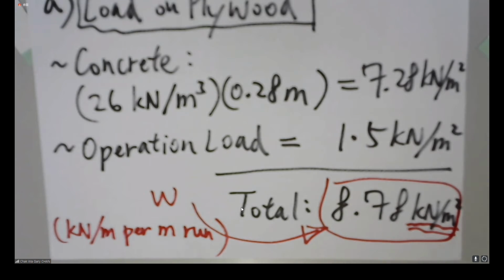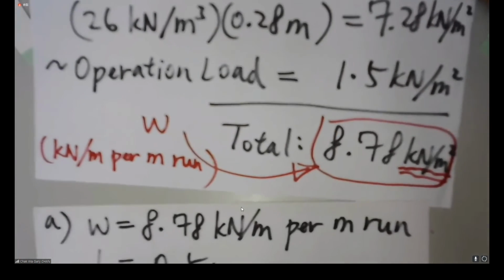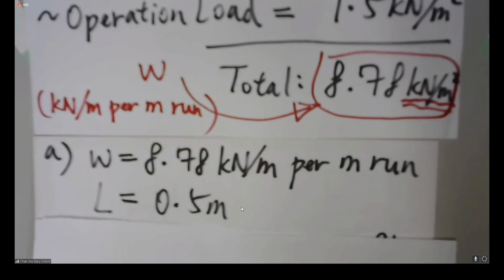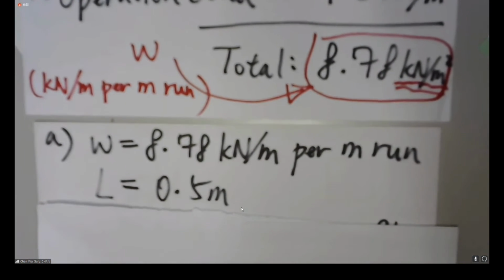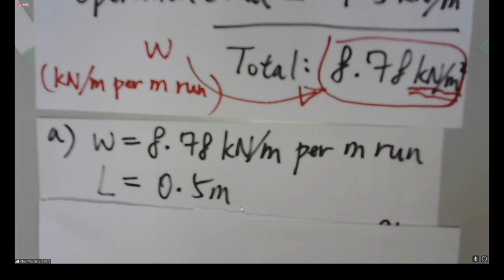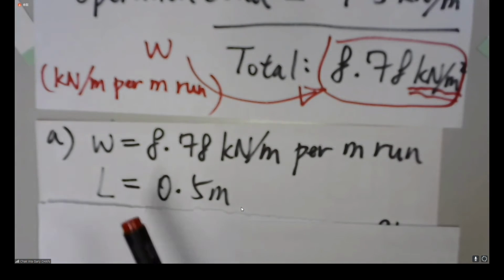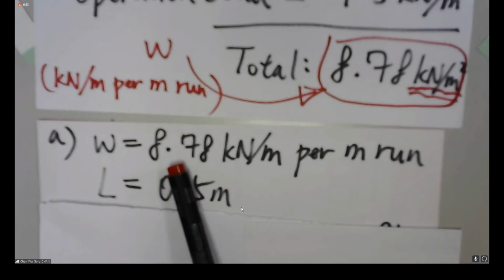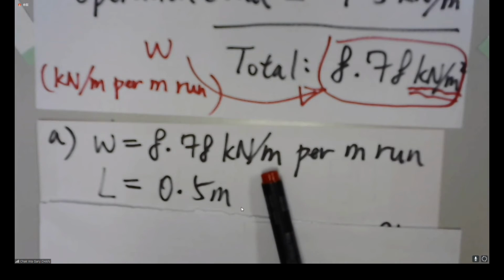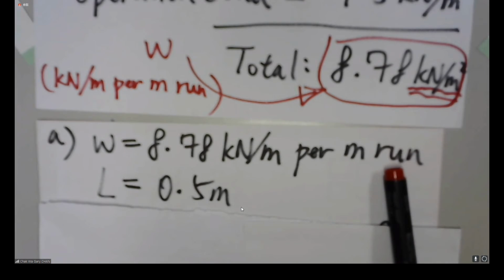Okay. If you have no problem, then we continue on part A. So up to now, you have W equals 8.78 kilonewton per meter run.